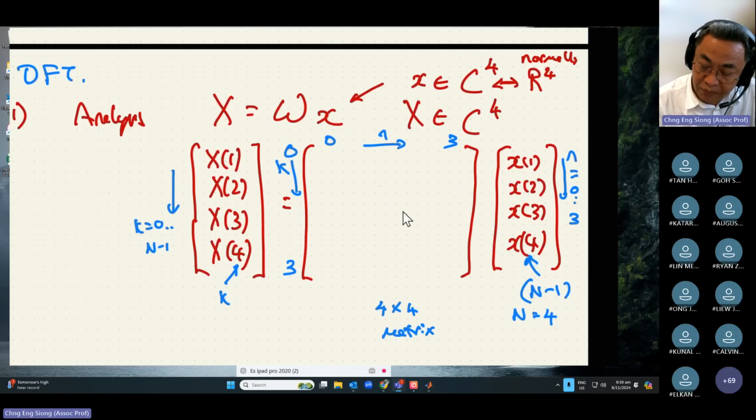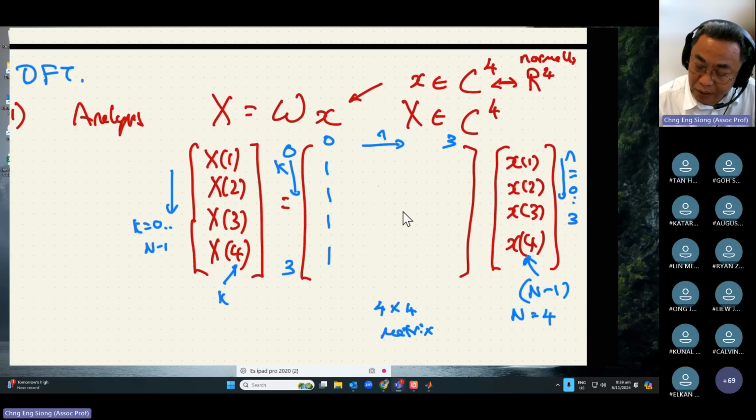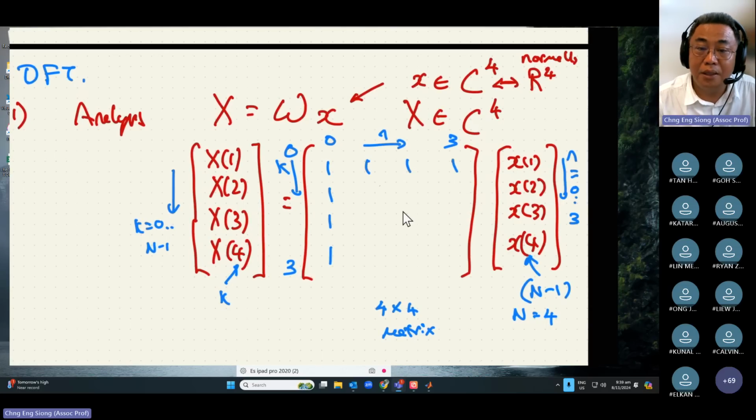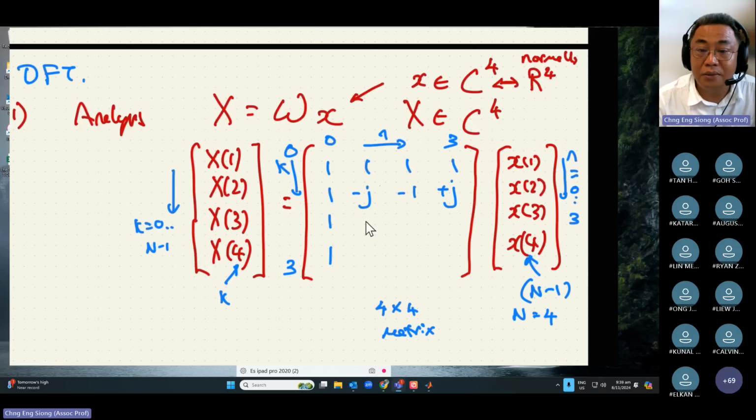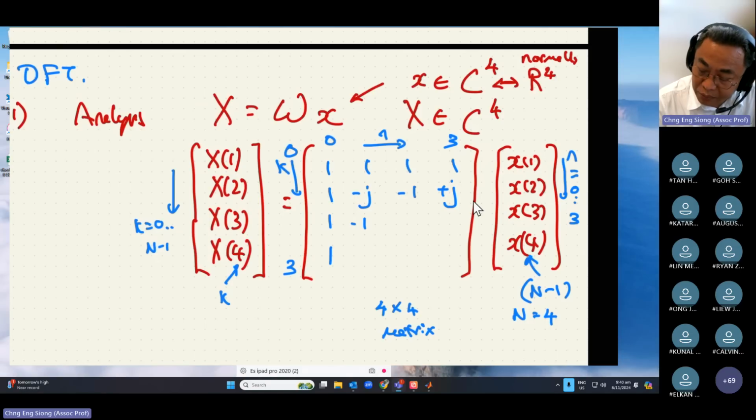Once you can fill up this number, then let me fill up the numbers for you. The numbers for 4 by 4 are trivial: 1, 1, 1, 1. The only thing that you might get wrong is the second row. The second row looks like this: 1, minus j, minus 1, plus j. Once you can get this row right, I'm sure you can get this row right: 1, minus 1, plus 1, minus 1.